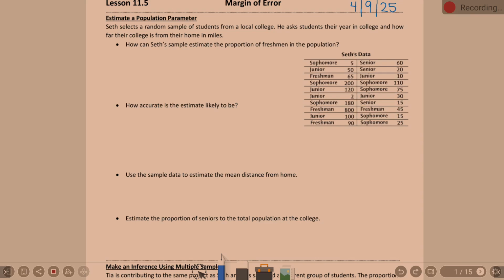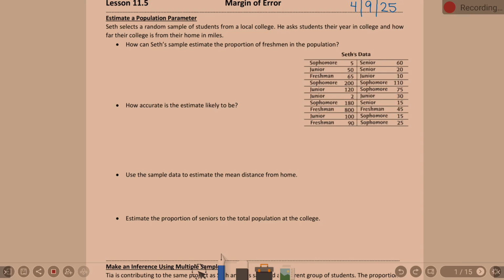The statistic we find for the sample will represent the population. So we can find the proportion of freshmen in the sample, and that's an estimate of the population. And then we'll actually find it here in a moment.